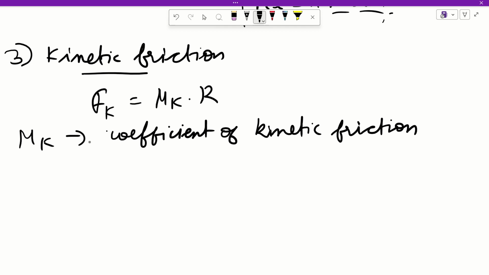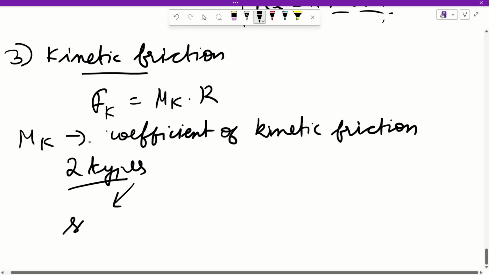Kinetic friction is of two types: sliding friction and rolling friction.